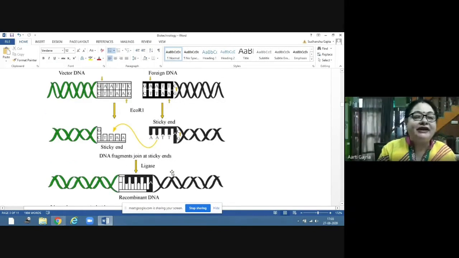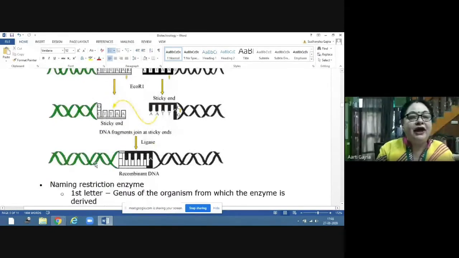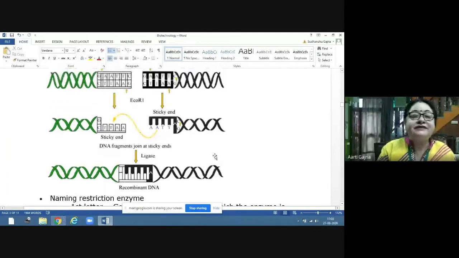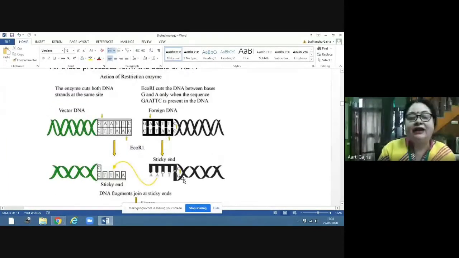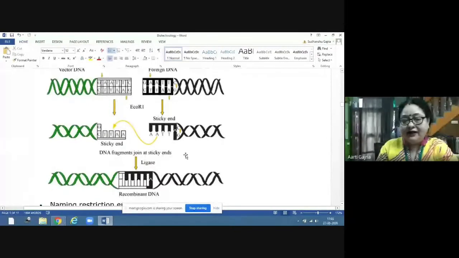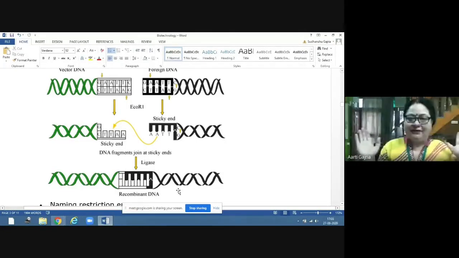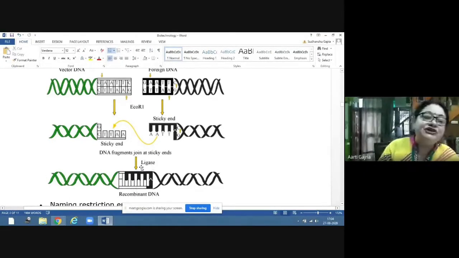So what will ligase do? Ligase will join this vector DNA with the foreign DNA. This is foreign DNA and this is vector DNA. So what have we done? We have constructed recombinant DNA. Now this is your recombinant DNA, where we have the desired gene.